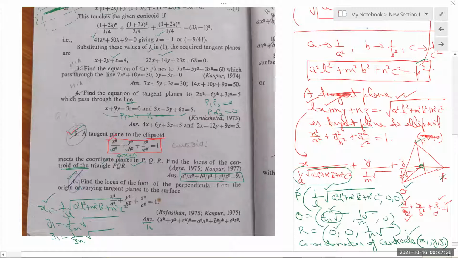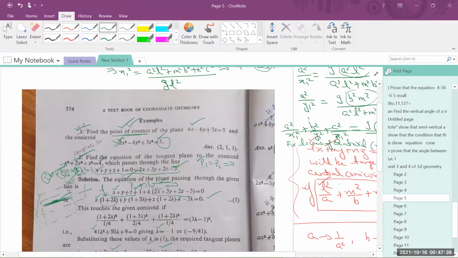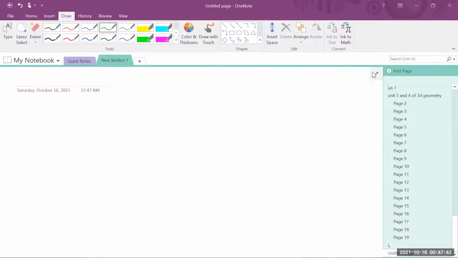Let me write it on the new page. Question 6, page number 374.